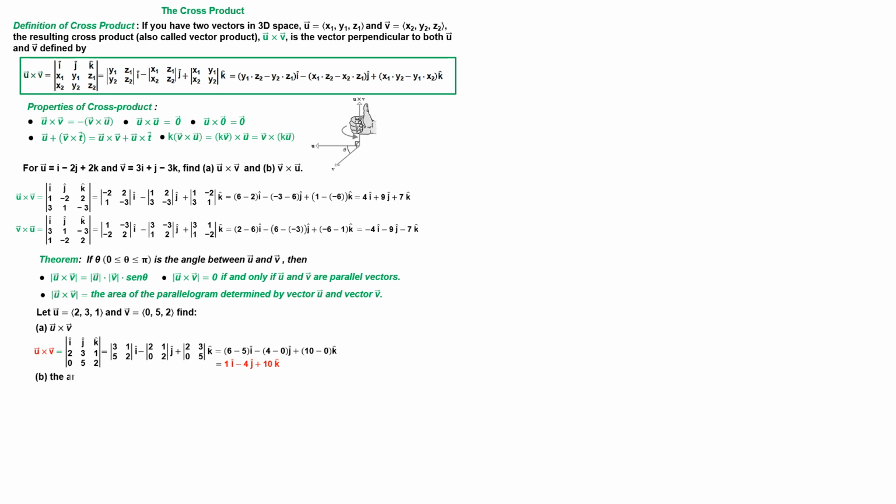To find the angle theta, we use the inverse sine function.